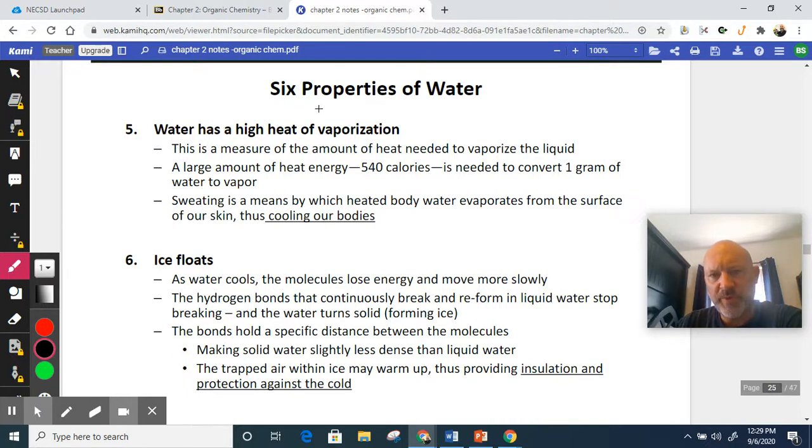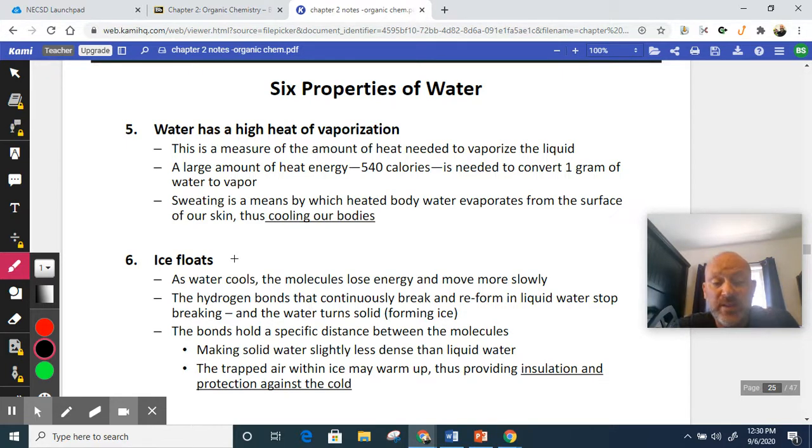Another unique property of water is that when it goes into a solid form, its density decreases because air gets trapped in it, and the volume expands. So volume is increasing, but mass is not. So whenever we have a density calculation where the volume is higher than the mass, the density calculation comes out to be less than 1.